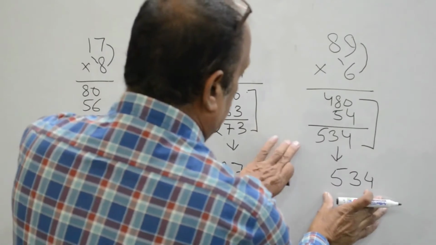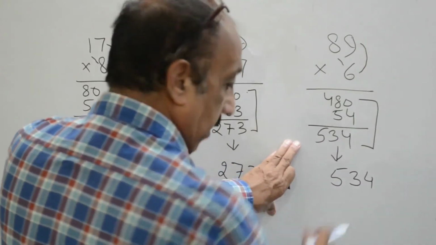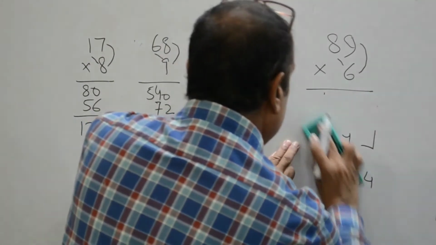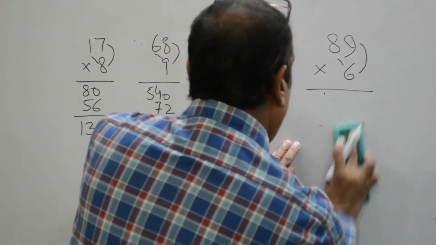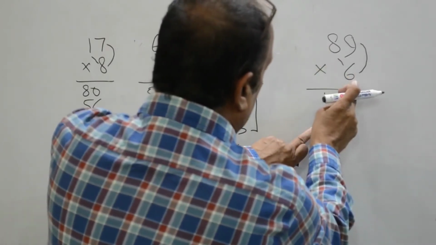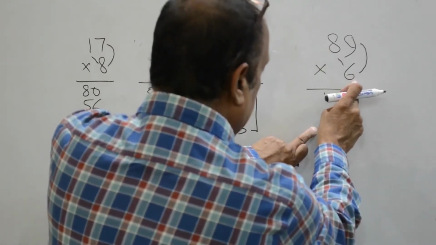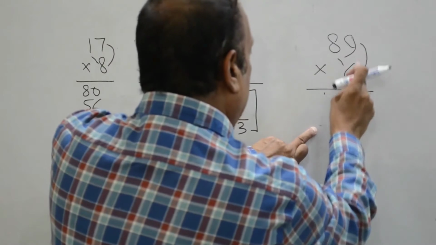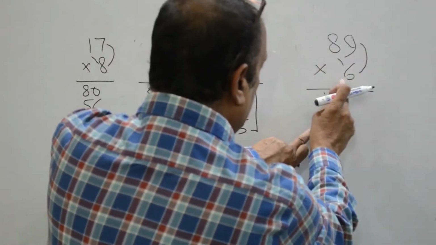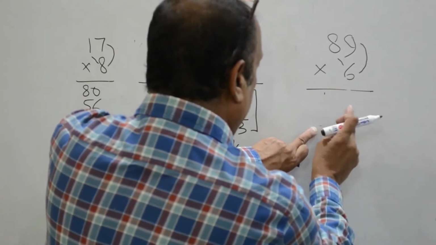To make this total in the brain, what can we do? We can work like this. 80 multiplied by 6 is 480. 9 multiplied by 6 is 54. In 480, if we add 20, it will become 500.